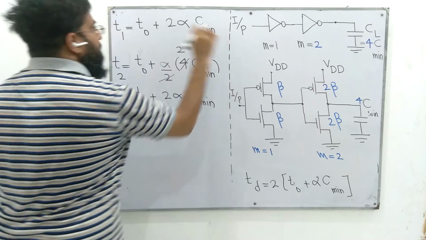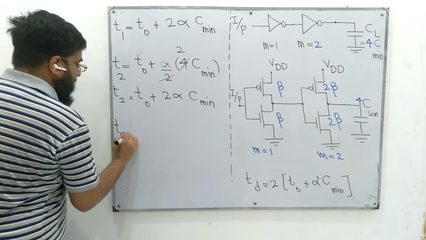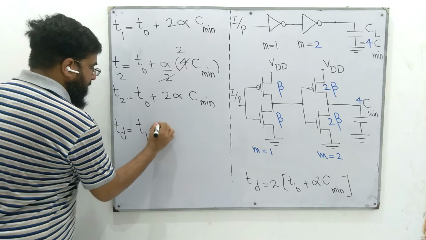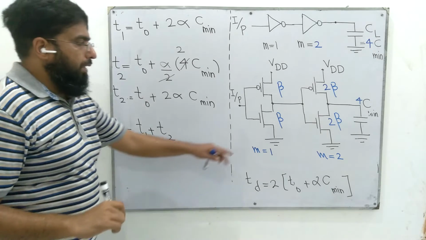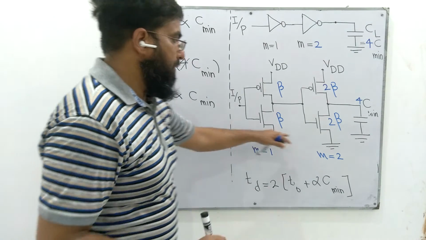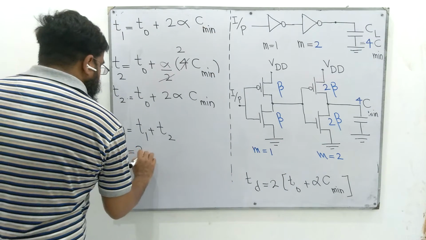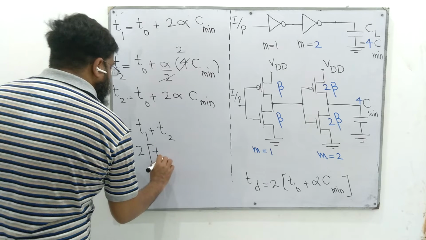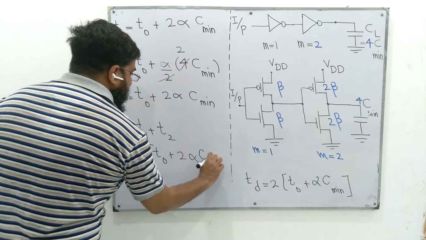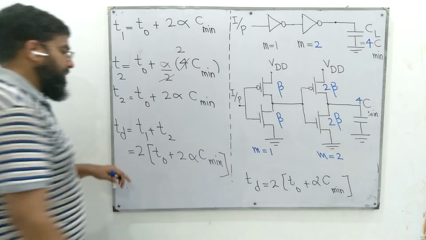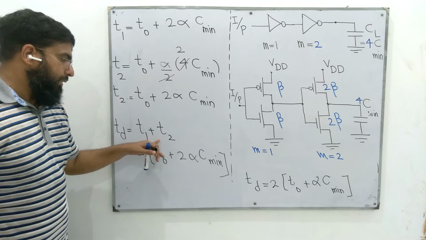So we see a very interesting fact here, that the delay caused by this gate with M equal to 1 and by this gate with M equal to 2 are the same. So this expression becomes 2 T naught plus 2 alpha C minimum. This is a very important fact, that the delays caused by these gates are the same.